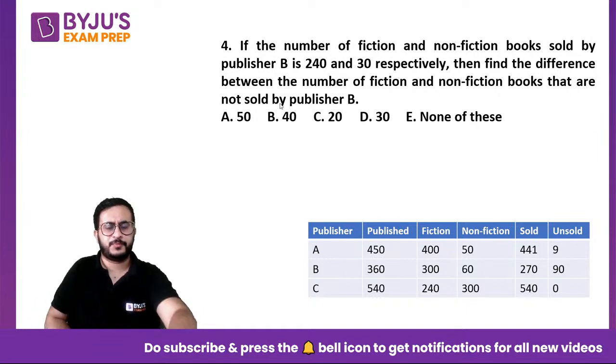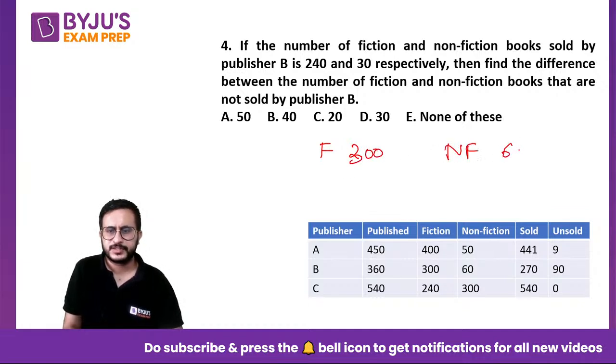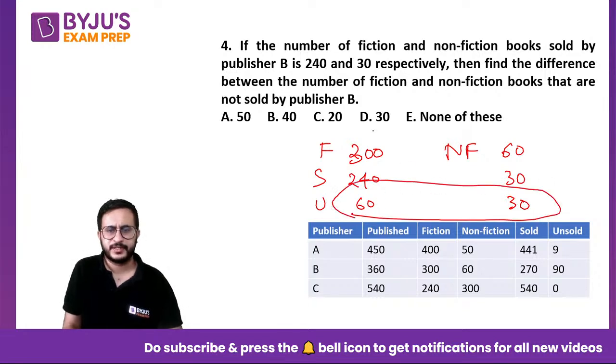If we talk about publisher B, fiction is 300, non-fiction is 60. They have given 240 sold, so unsold will be 60, and 30 sold, so there will be 30 unsold. They have asked this difference, so this difference is 30.